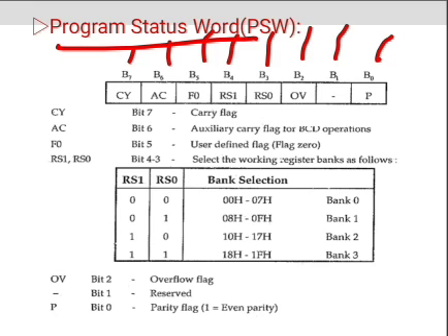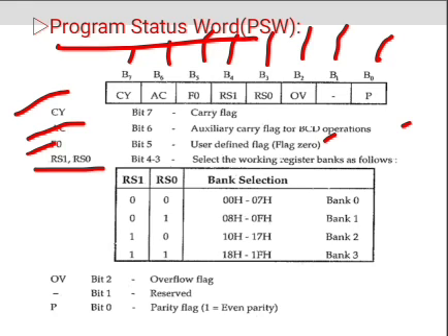After the arithmetic and logic operation, the CY, the carry flag, the AC, the auxiliary carry flag, and F0, the flag 0 of the PSW register, are set or reset according to the result. Next is RS1 and RS0.